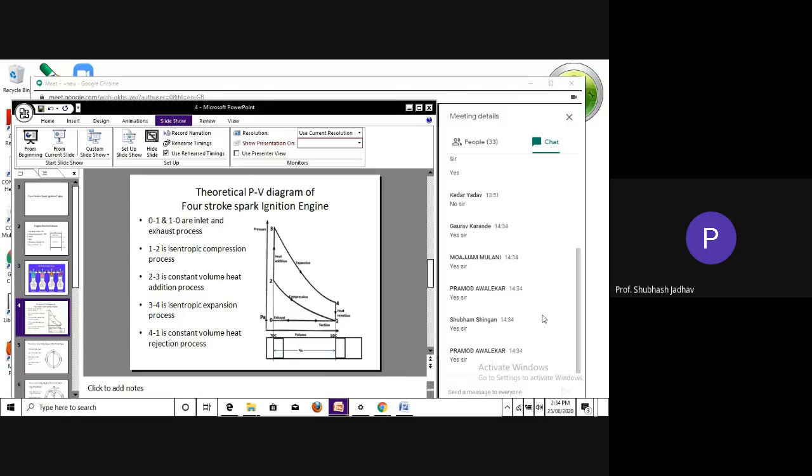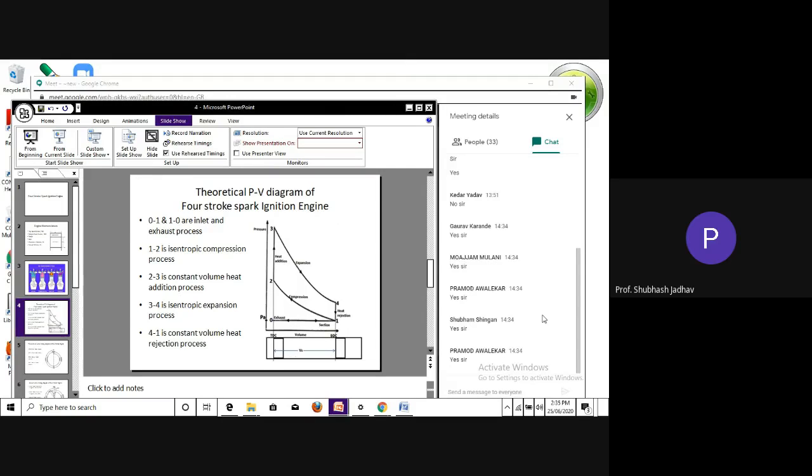So you tell me, what is this process 4 to 1? Which one, sir? 4 to 1 process. Yes, sir. It is a heat rejection process. After the spark plug ignition, the fuel gets burned, and these burnt gases come out from the exhaust valve.